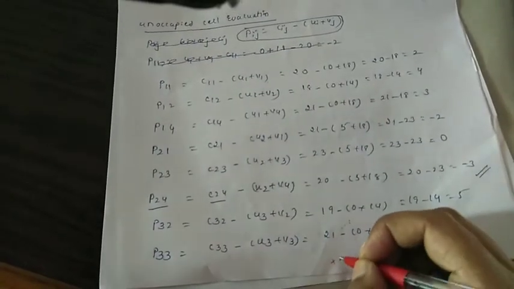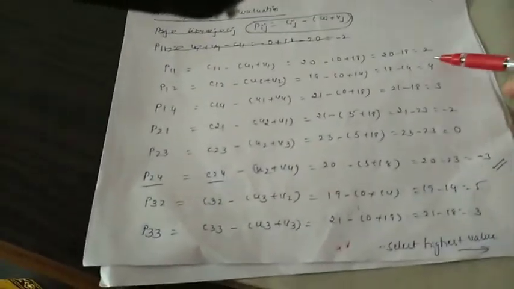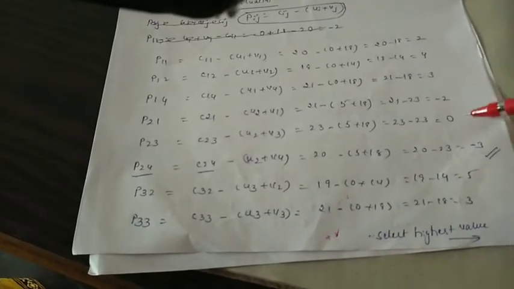You can check all the unoccupied cell evaluations: 2, 4, 3, -2, 0, -3, 5, 3. Here we can observe -2 and -3. We have two negative values. We will eliminate these negatives to get the most accurate value.